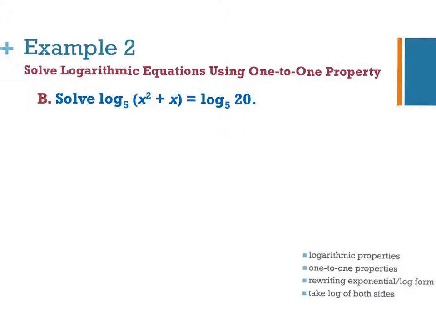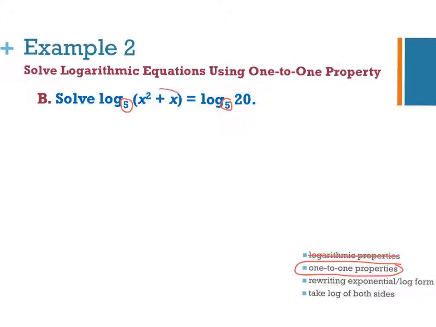So for our next example, we have: solve log base 5 of x squared plus x equals log base 5 of 20. Again, notice we don't have a sum or a difference between two logarithms, so we can't use logarithmic properties here. But I can use one-to-one properties because both logs have the same base and there's an equal sign in between.